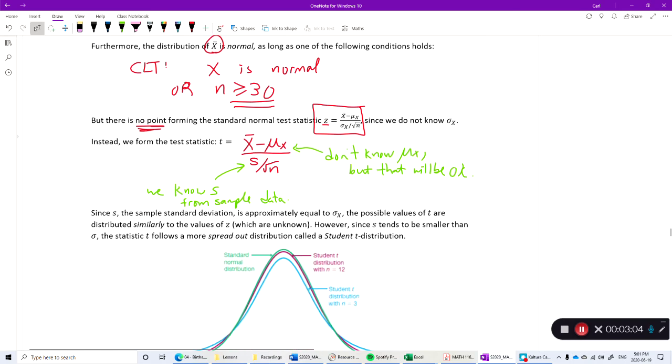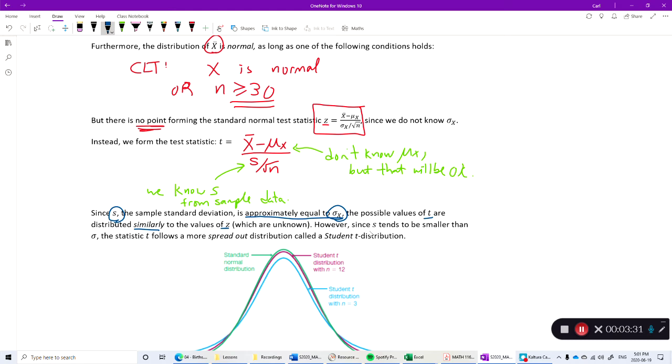Okay, so now what's the difference? Since s is approximately equal to sigma x, right? The sample standard deviation is not wildly different. It's similar to sigma x. The possible values of t are distributed similarly to the values of z, a standard normal.